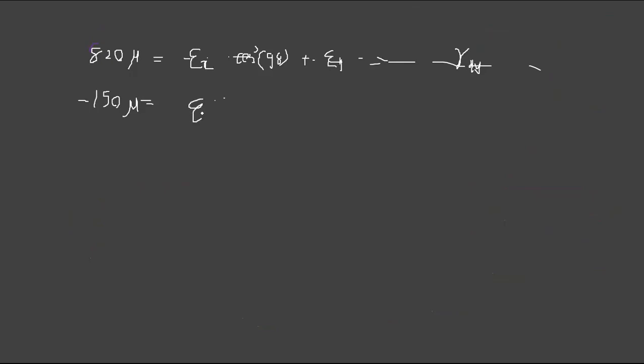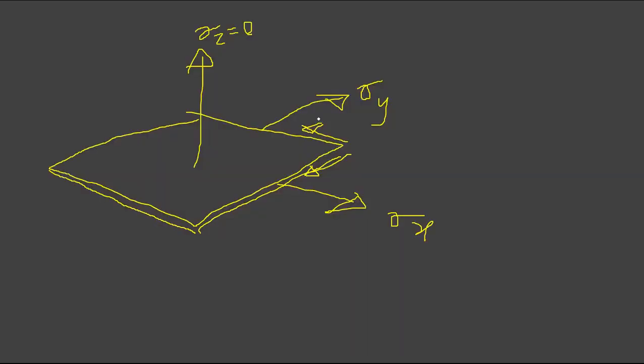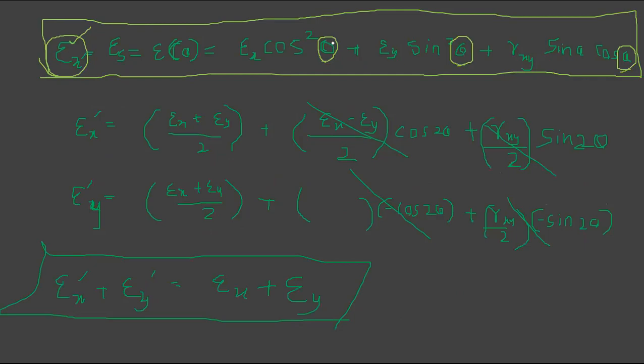So this is epsilon x into cos something into minus 38, right? The second one. And you will have same 98 here, right? Here you will have minus 38. So basically you have to apply this one, theta.